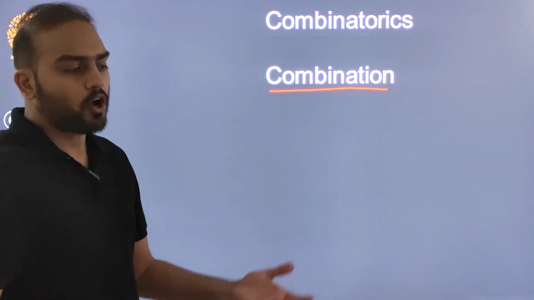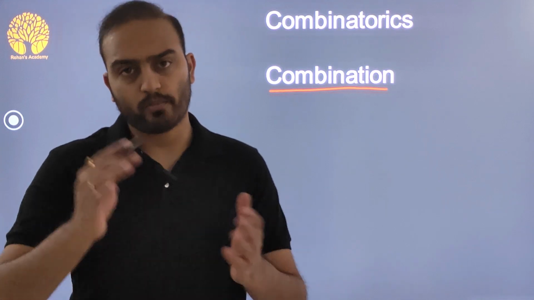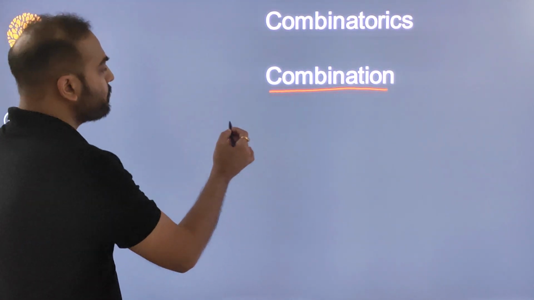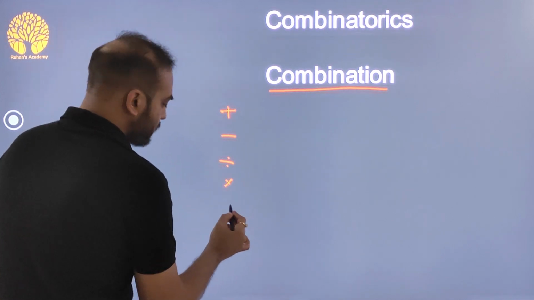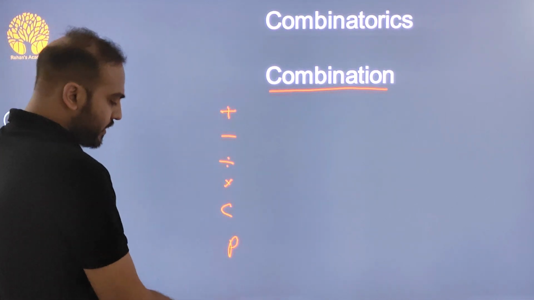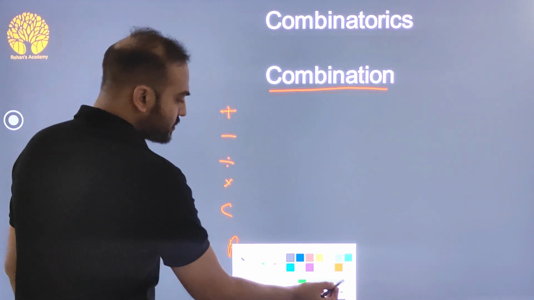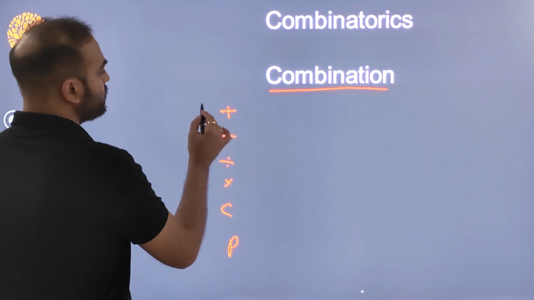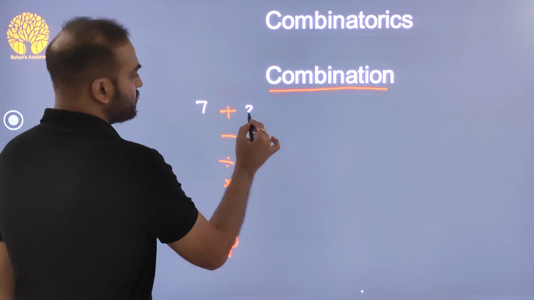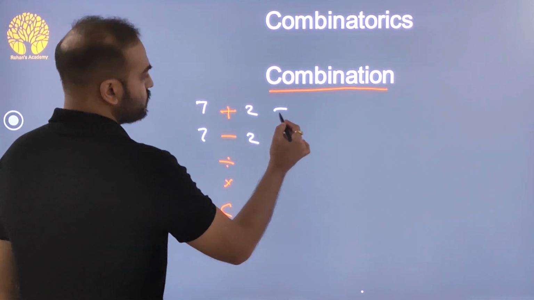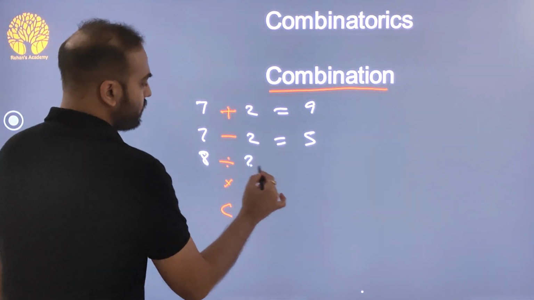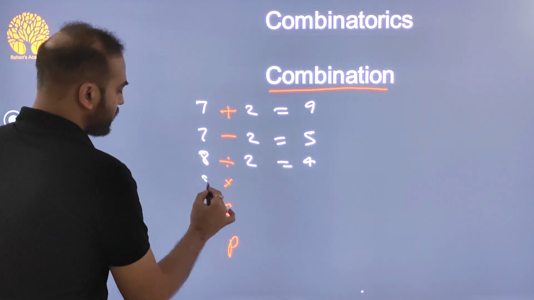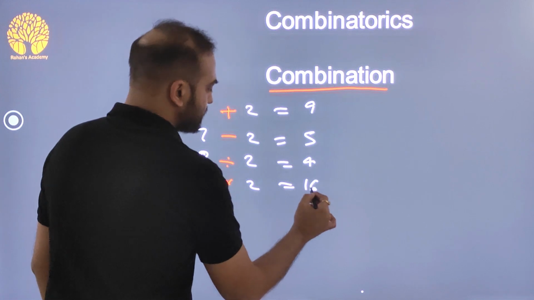When we talk about combination, if you remember in the previous one we studied combination and permutation, they are just like a normal operation. The way we have addition, subtraction, multiplication, division, say 7 plus 2, 7 minus 2, which is 9, 5, 8 divided by 2, which is 4, 8 into 2, which is 16.